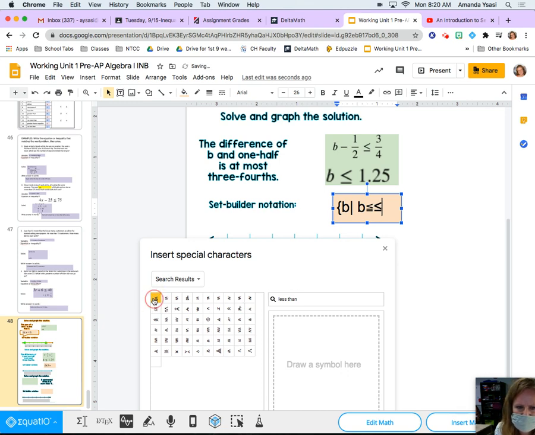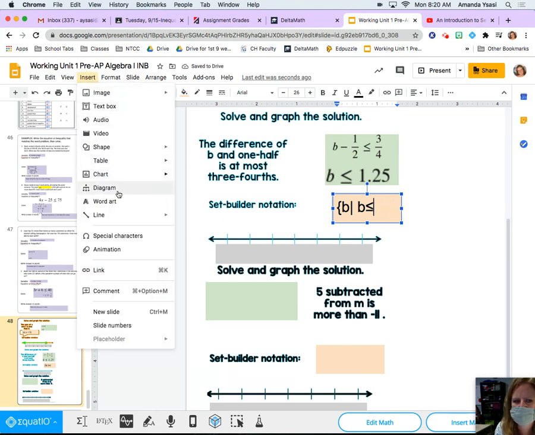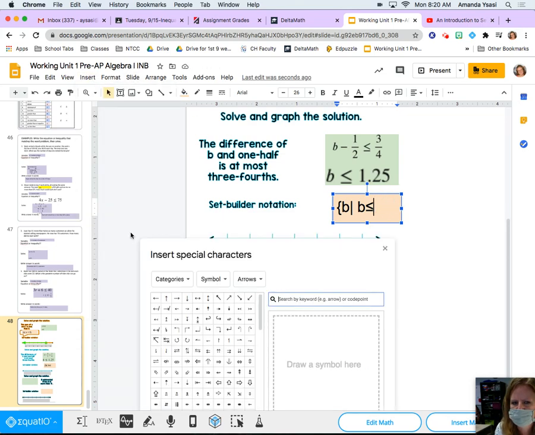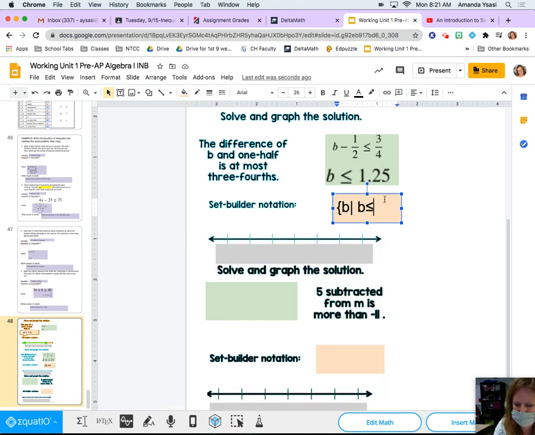But that's the wrong one. I went to insert special characters and then I typed in less than. So less than or equal to 1.25 and then close the brace.